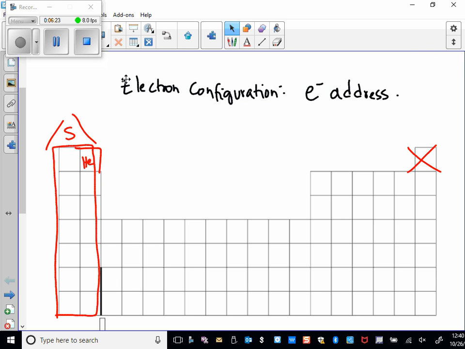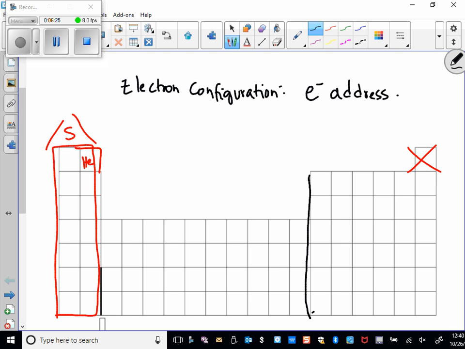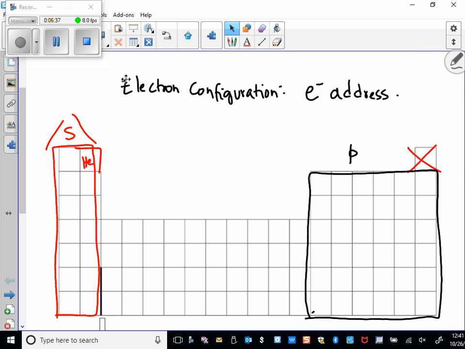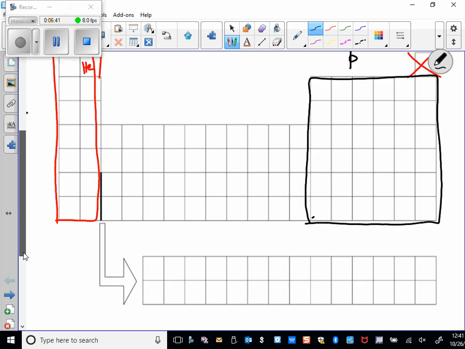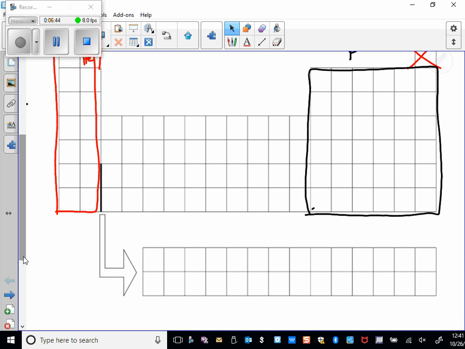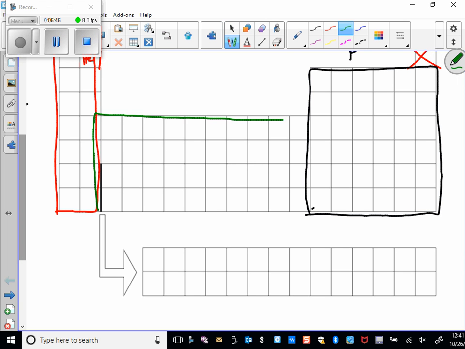Now, this whole block is your P block. The last electron will enter the P orbital. This whole block is your D block.